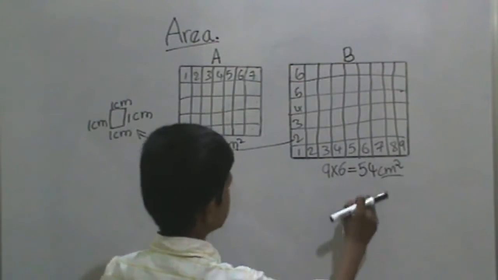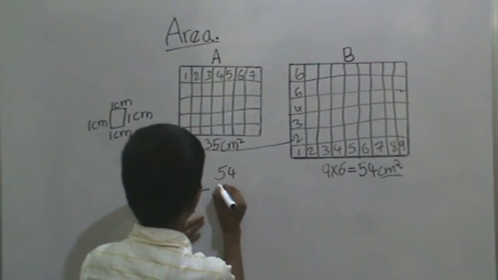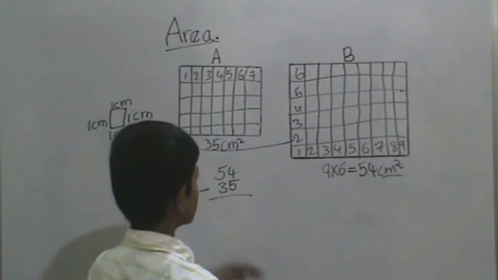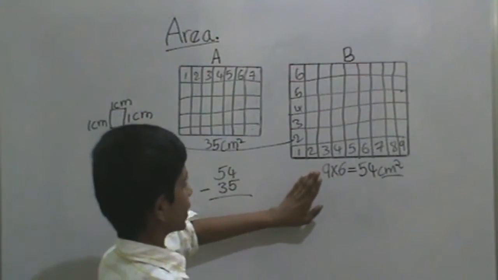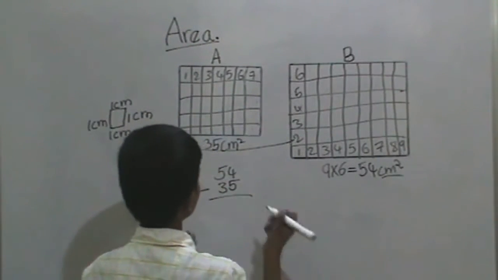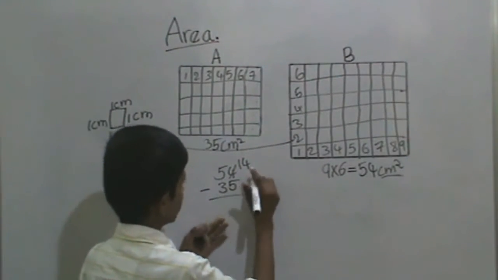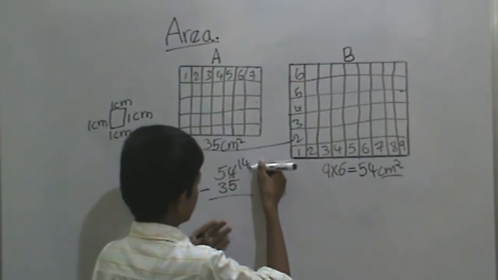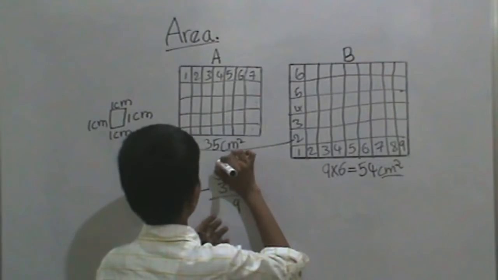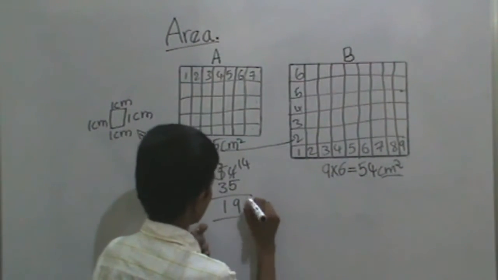Okay. Now, if you subtract 54 minus 35, you can find how much rectangle B is bigger than rectangle A numerically. Okay. 4 becomes 14 if you borrow. 14 minus 5 is 9. 5 becomes 4. 4 minus 3 is 1.